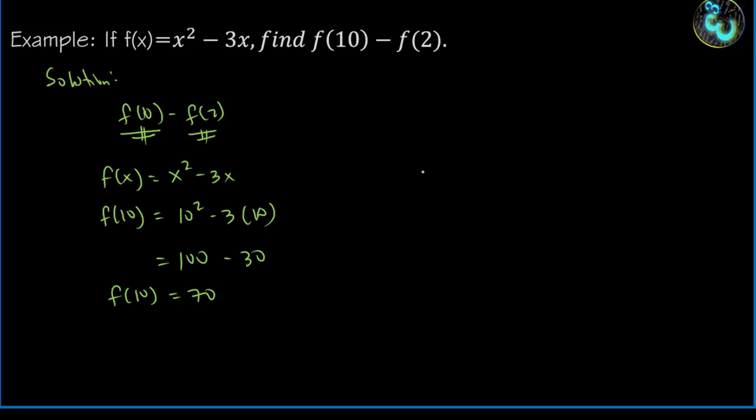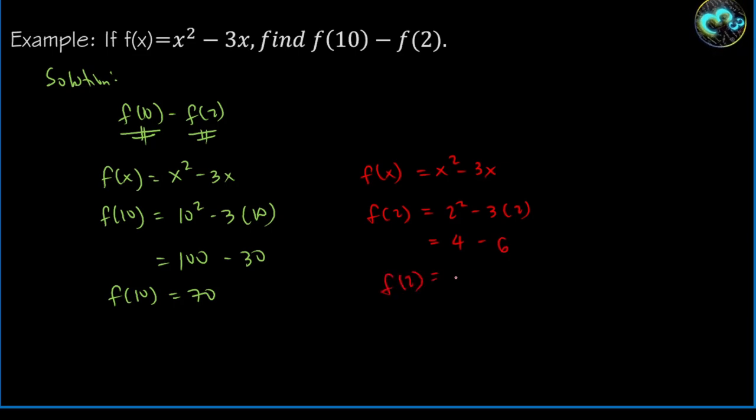Then we will have f of 2. f of x is equal to x squared minus 3x, so f of 2 is equal to 2 squared minus 3 times 2. So we have 4 minus 6, so f of 2 is equal to negative 2.